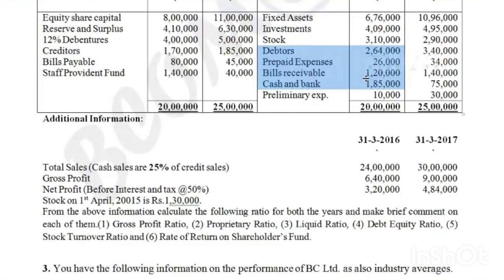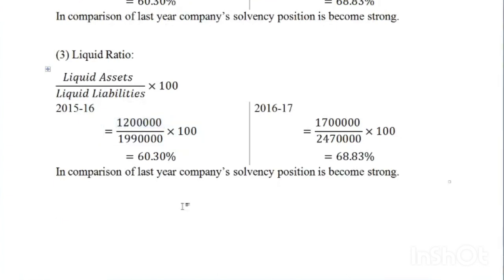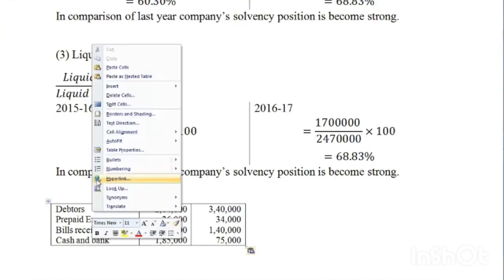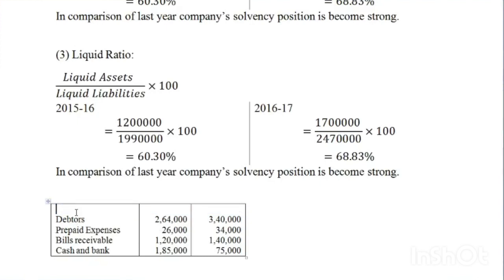These are the liquid assets for both the years. I just copied here. You can calculate separately.